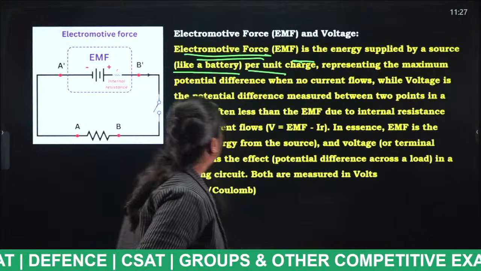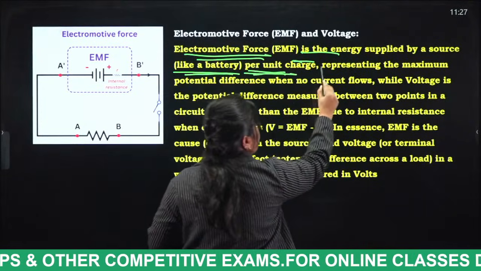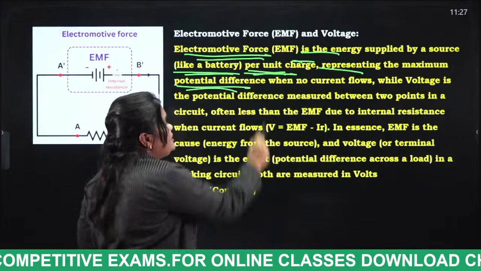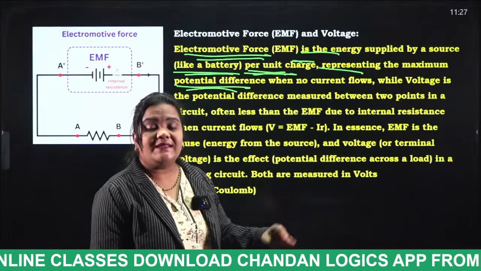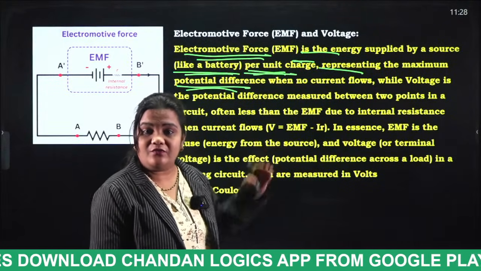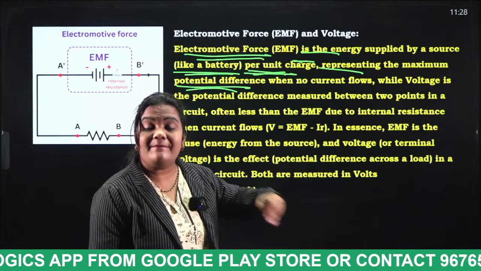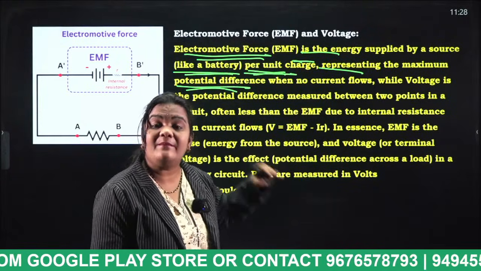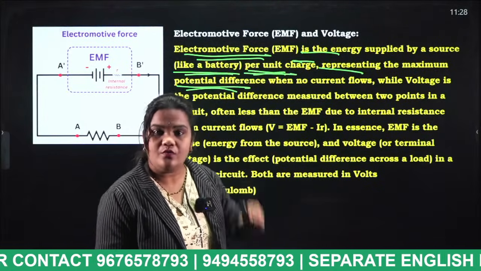The energy is supplied by a source like a battery per unit charge, representing the maximum potential difference when no current flows. When no current flows, the maximum energy supplied from a battery to an object is considered as electromotive force.